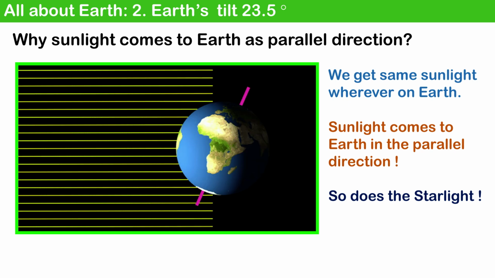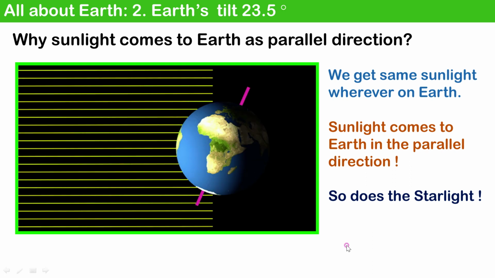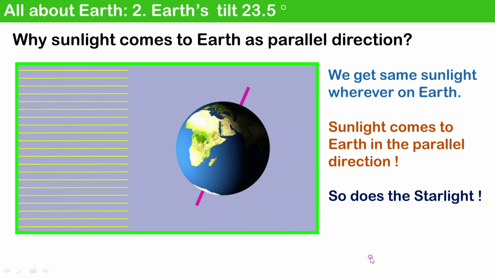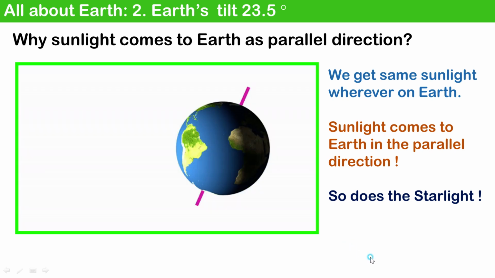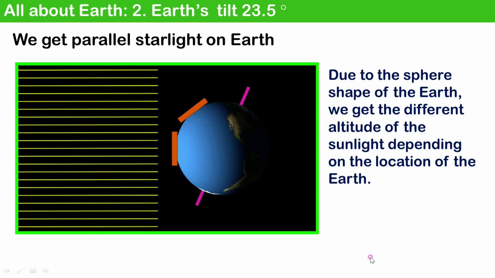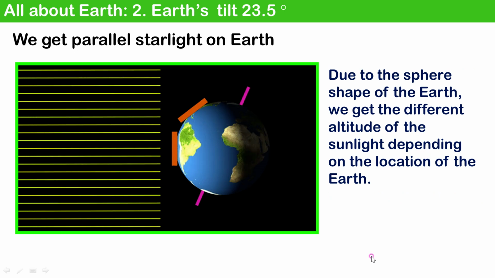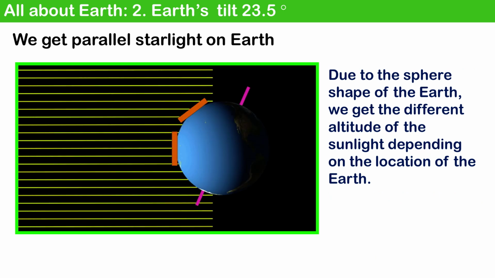We get the same sunlight wherever on Earth. Sunlight comes to Earth in a parallel direction, so does the starlight. We get the parallel starlight every day.